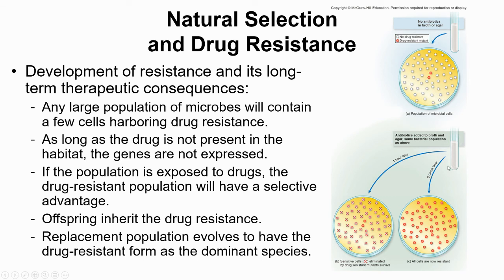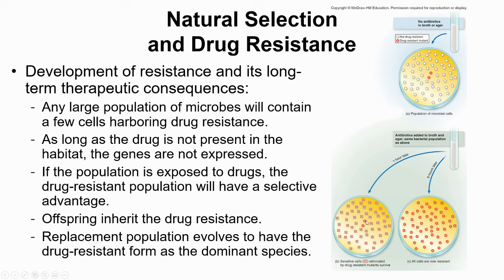But when I add the antibiotic, those that don't have that resistant gene are all wiped out. Now, all of these non-resistant colonies are no longer competing for the resources on this plate. These guys are still replicating.